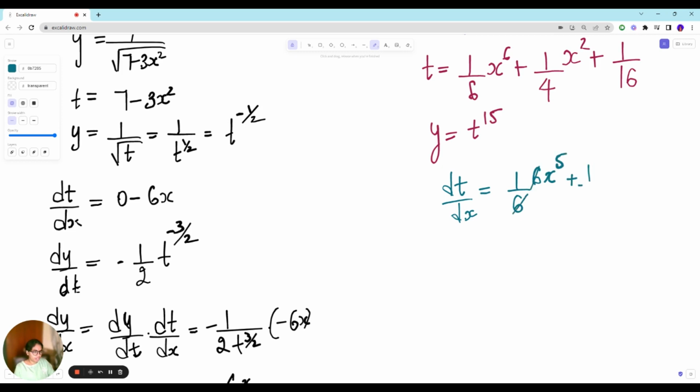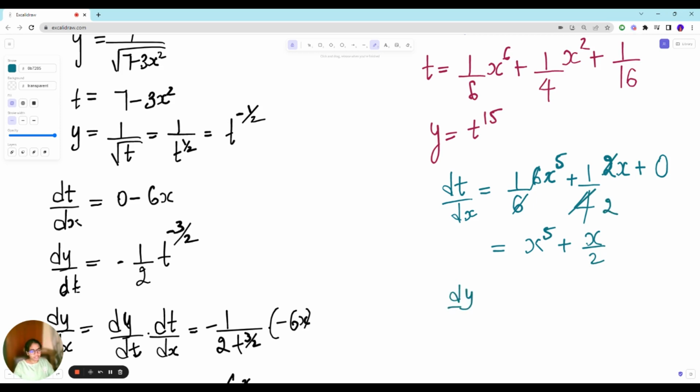Plus 1 divided by 4. Derivative of x square is 2x. Plus derivative of a constant is 0. So this would become x to the power 5 plus x divided by 2. How? 2 ones are, 2 twos are, it gets cancelled. Correct?